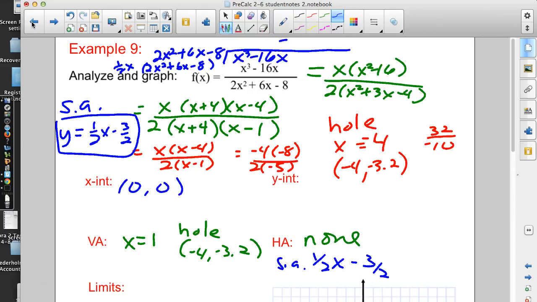Not -4. Why not -4? It's a hole. Yeah, that hole just messes up everything. All right, can we quickly put a 0 in for x and see what we would get? It's 0. Yeah, exactly. 0, 0.